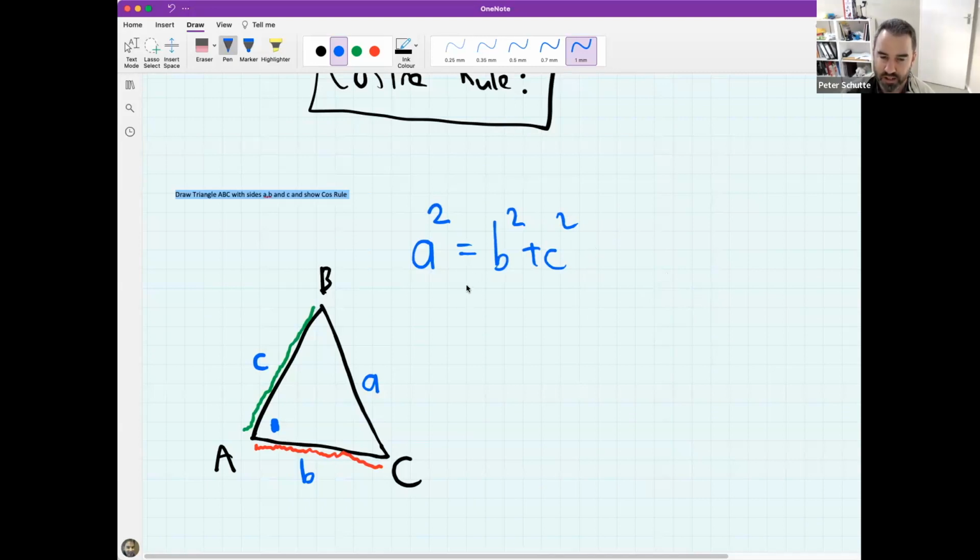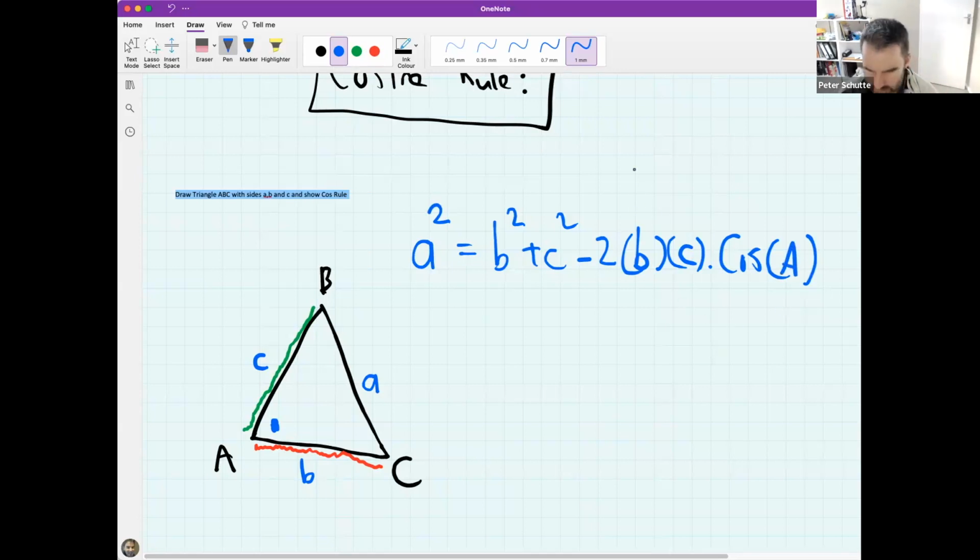Notice how the b is the side I was looking at when I started, and the c was the side I was looking at when I started. I then write 2 times those two values, and then I multiply that by the cos of the angle in between those two sides. So I'm going to put a B and a C, and then over here, I'm going to put an A.